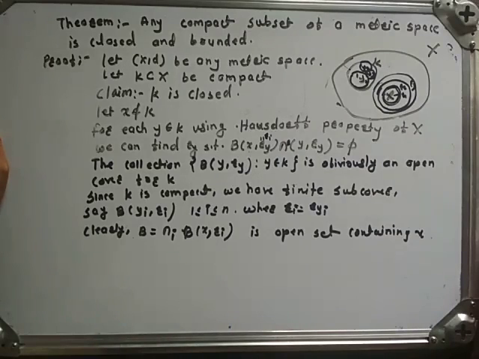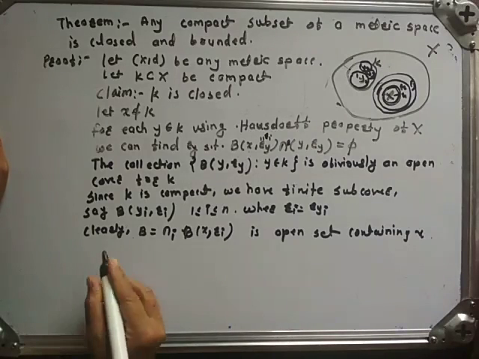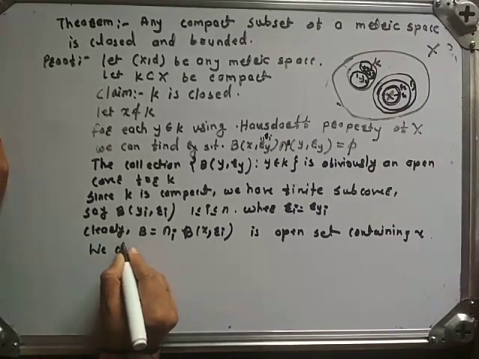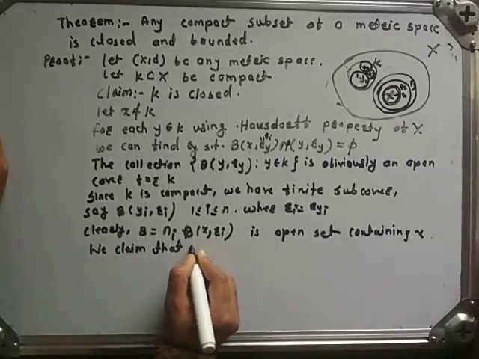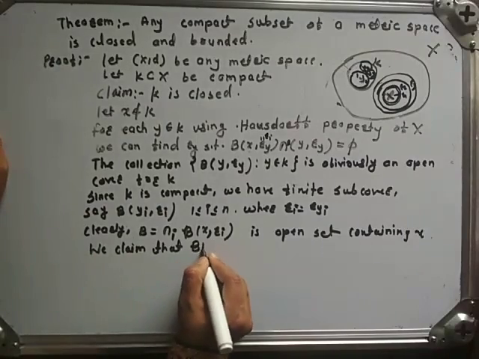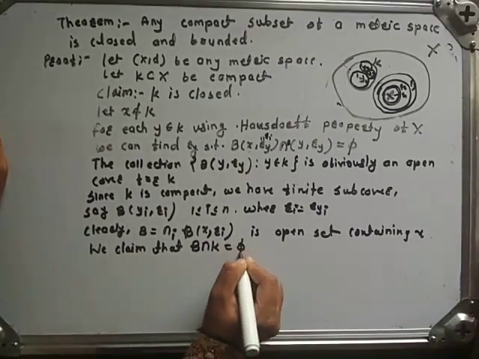Now we claim that B intersection K is equal to empty set.